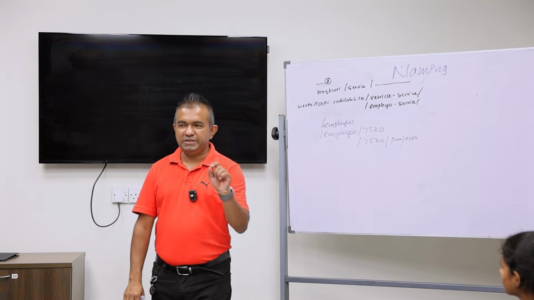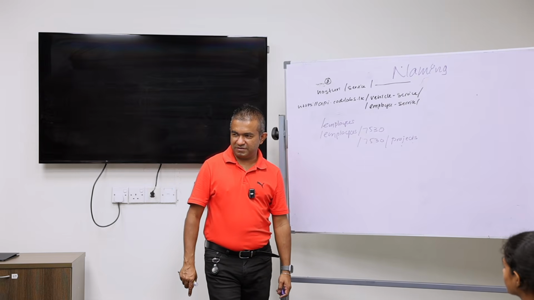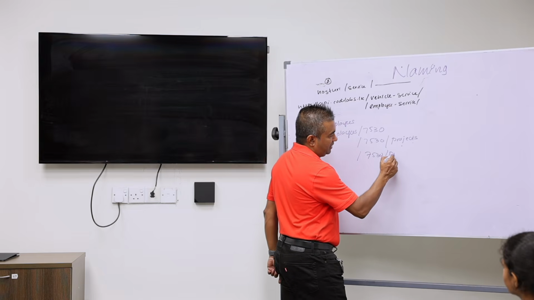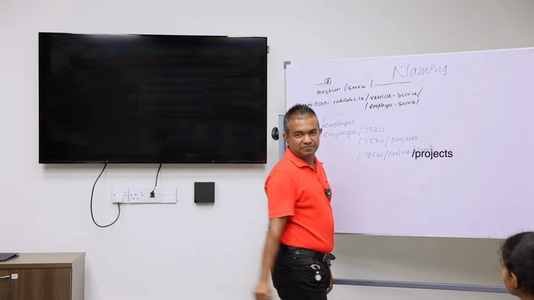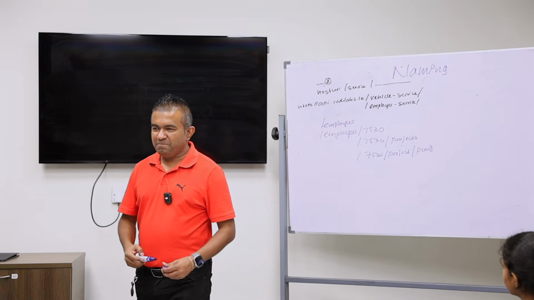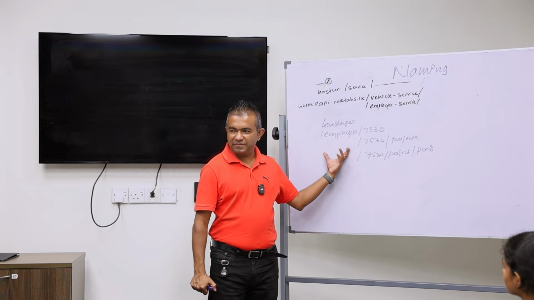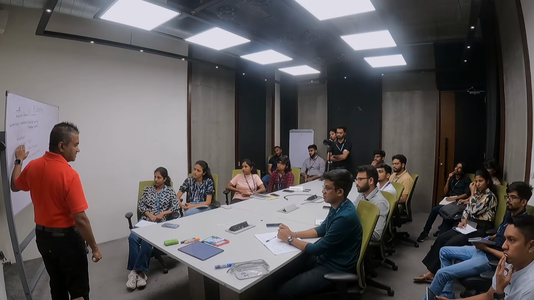I have a project called P008 and I need to get the information about that project. How do I do it? Employees/7530/projects/P008. You got it.